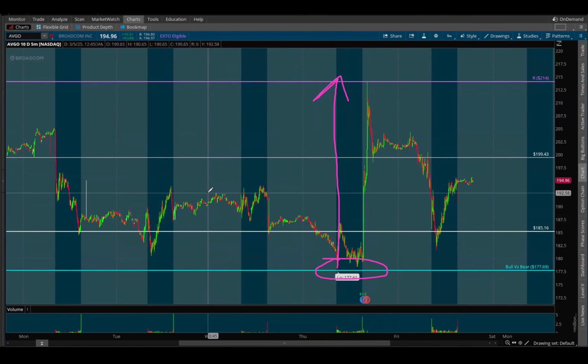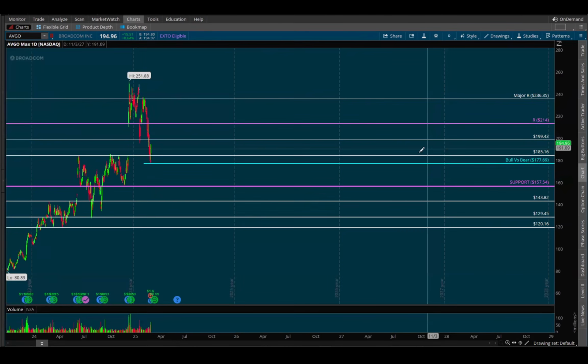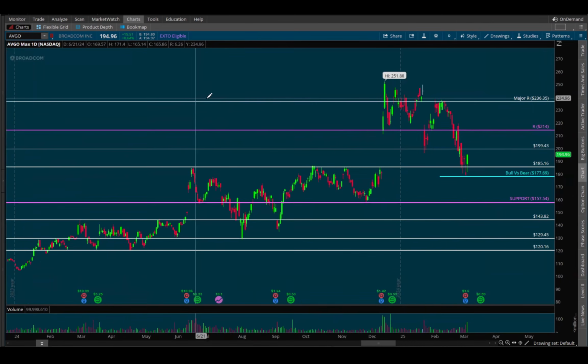So I could use, again, two things to my advantage. I could use this 177 as the bull versus bear, which is why I have it mapped out here, or I could just use this 185 because it's a macro level on the daily, weekly, and monthly charts. Either way, it's all personal preference, up to you.